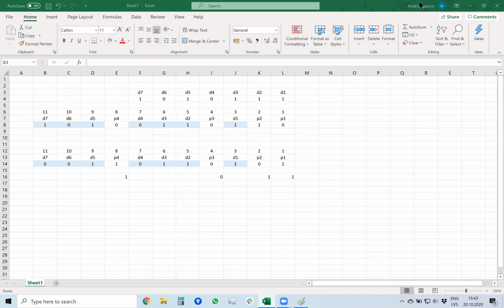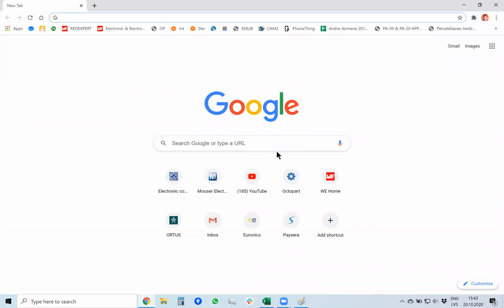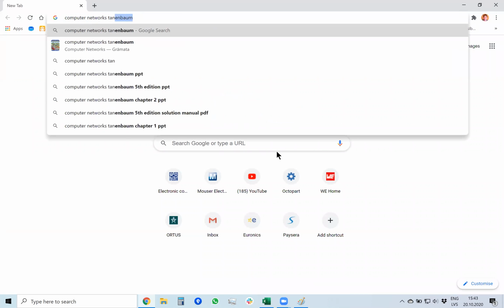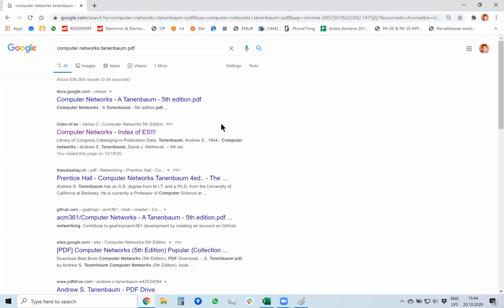So I better not upload it in Ortus, but you can find it in the following way. You open the browser and you write in computer networks, Tanenbaum, and for example, PDF at the end. And you can find it here, 5th edition, 4th edition, and so on. Every few years, this guy updates the book.